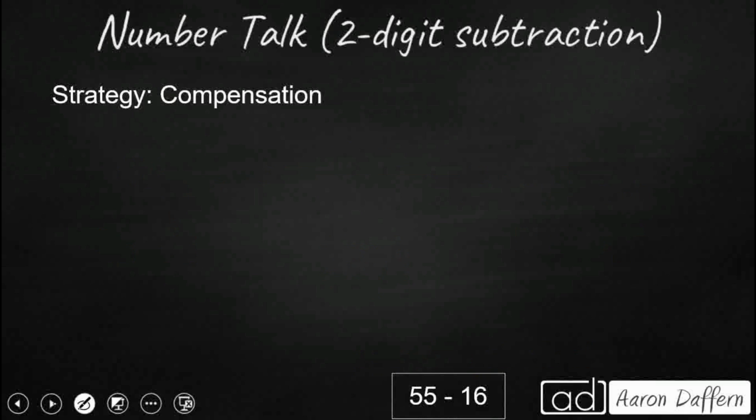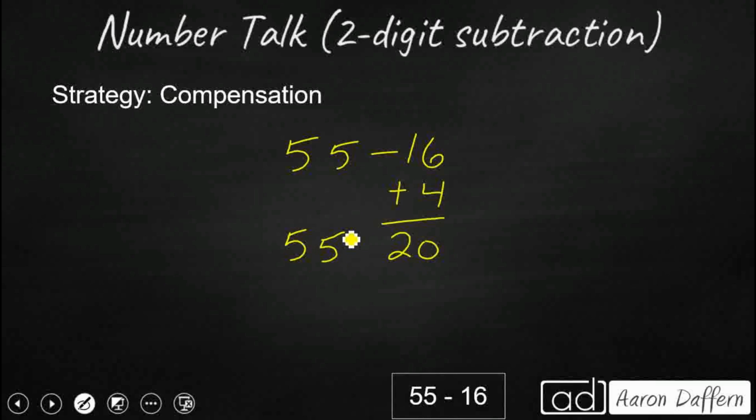Another option we can use is compensation. So what we do is we take our subtrahend and we make it easier to subtract. So I'm just going to add 4, because what I want to do is I want to make this 20. Because if I can make this 20, well, then that's going to be very easy, because I can just say 55 minus 20, well, that's going to be 35, no regrouping necessary.